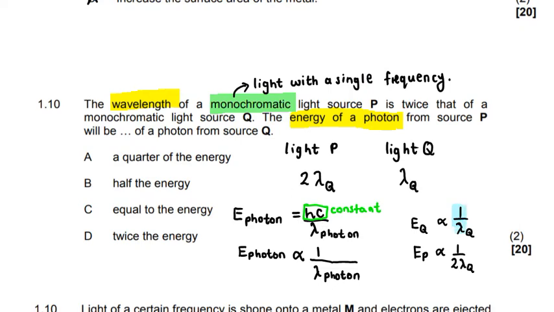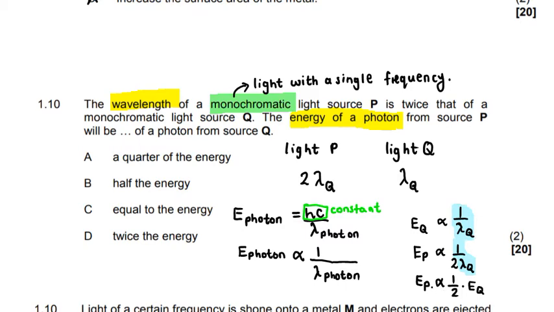So this 1 over lambda Q is the same thing over here, 1 over lambda Q. So what I have now is that the energy of P is directly proportional to 1 over 2 times 1 over lambda, which is the energy of Q. Okay, so I'm making a substitution here. So these two things are the same. Okay, so I've made a substitution for them, right?